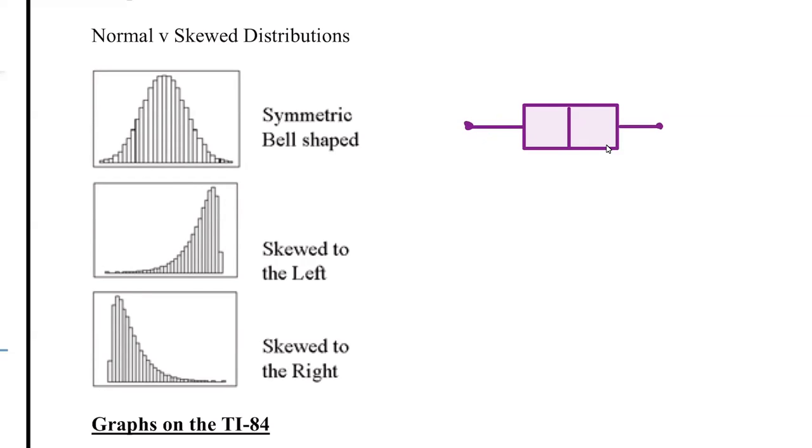Whether you're in art class or math class, it's got the same definition. If you were to fold it in half, would the left side match the right side? That's what's happening here. Left side matches the right side, split evenly over the median. All right, so this is a symmetrical case. These are my box plots, and this is the case of the symmetric.